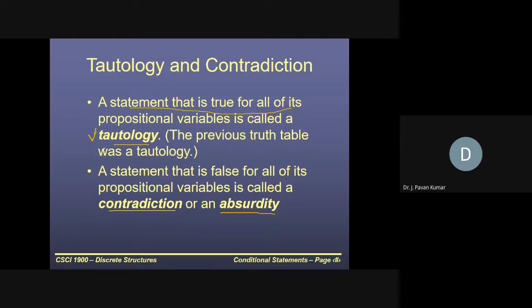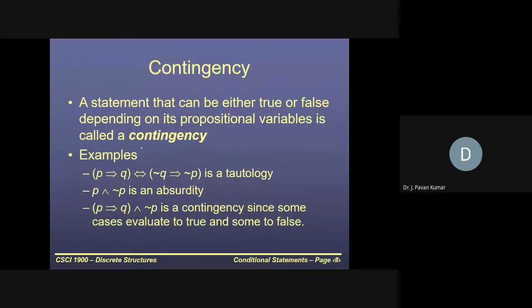Try to understand here. If the statement is not a tautology, and of course not a contradiction as well, then we call it contingency. A statement that can be either true or false depending on its propositional variables is called contingency. In other words, a statement which is not a tautology and not a contradiction is called contingency.